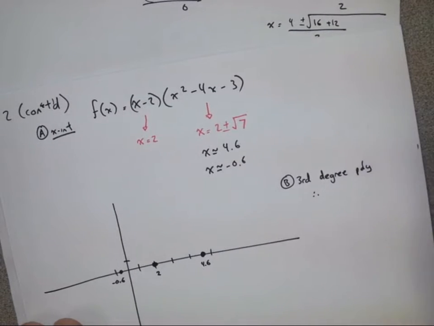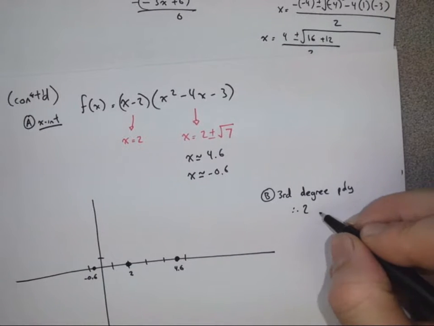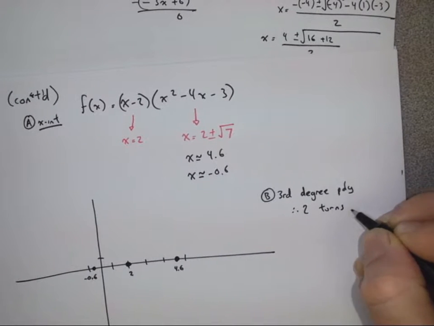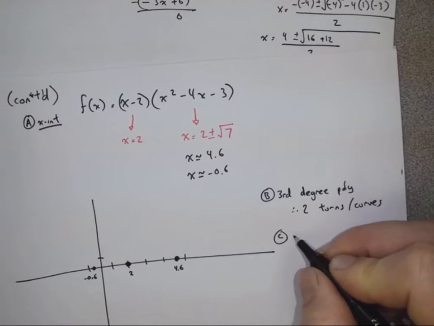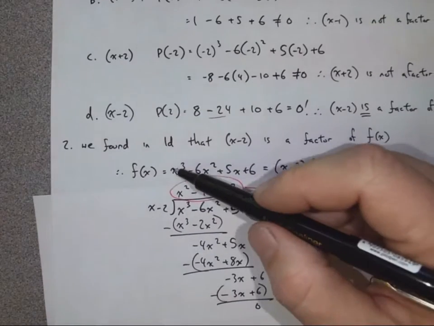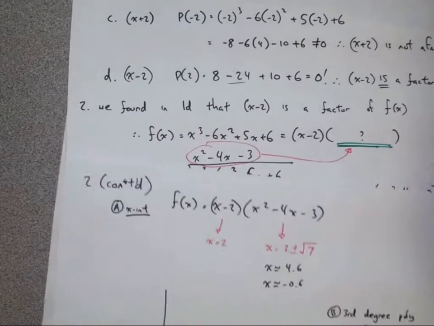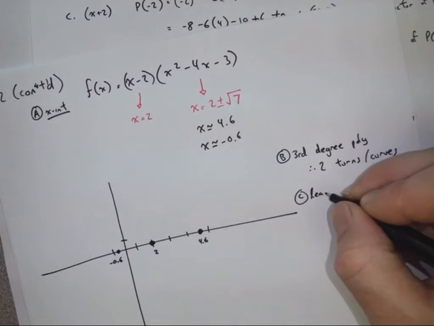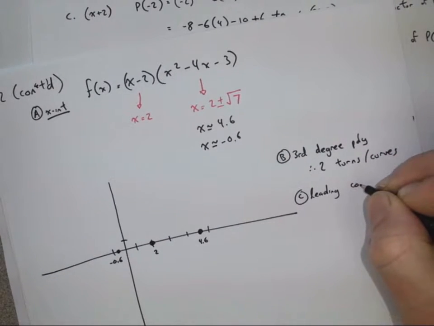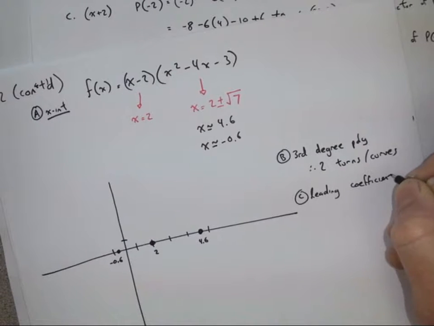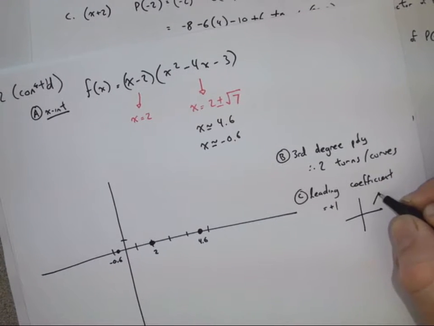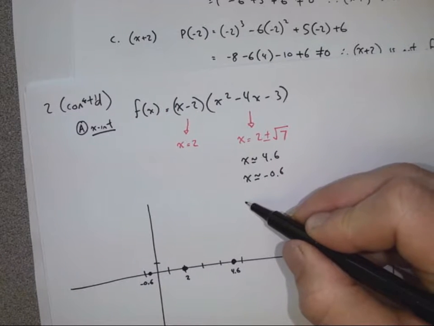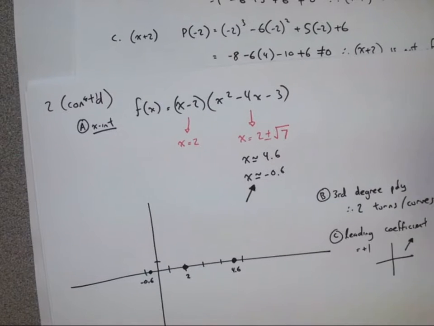So therefore, there's going to be 2 turns, or curves. I also know the leading coefficient, the number in front of the x cubed term, is positive 1. So that means this is going to finish up going to positive infinity. So I'm going to draw a little positive arrow going up there.